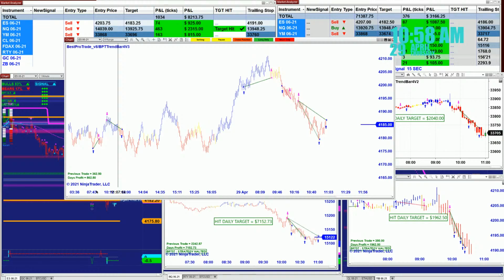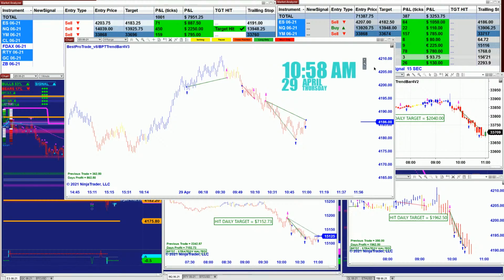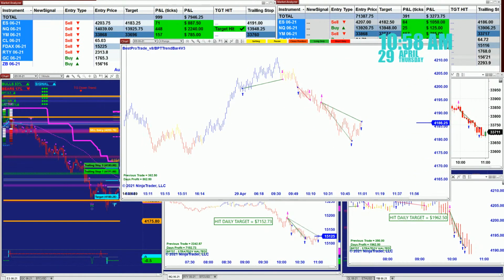The daily target on this is 1,000. What time is it right now? You know, this is something else also. We cannot be blind. Now it is 10:58. We are trading the ES. It has not hit the target. And this is a message to everyone.